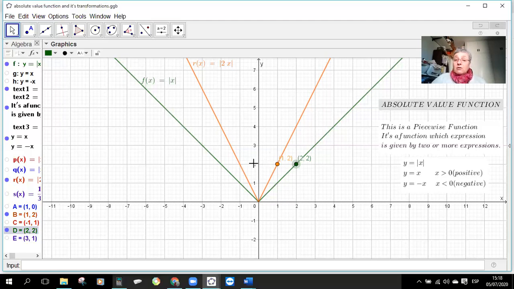So if you trace a horizontal line, what you are going to see is that the green point here is 2 units away from the y-axis. But this orange point is half of the distance from the y-axis.